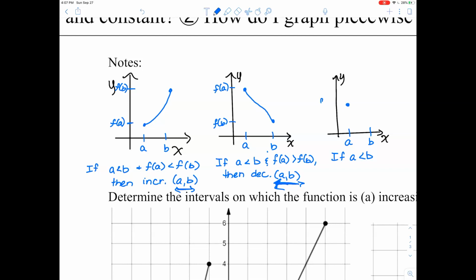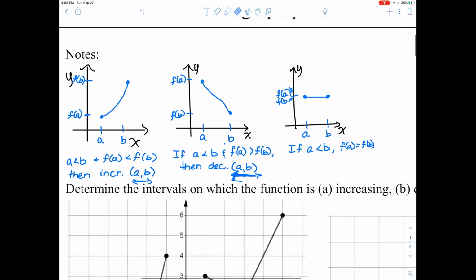The function's value at A is right there, and the function's value at B is also right there. So we would say if f of A is equal to f of B, which is the only other option we have, it can be less than, greater than, or equal to, then the function is constant over the interval between A and B.